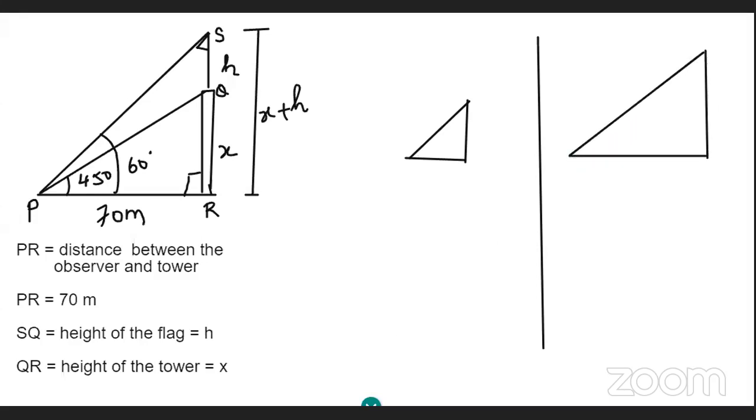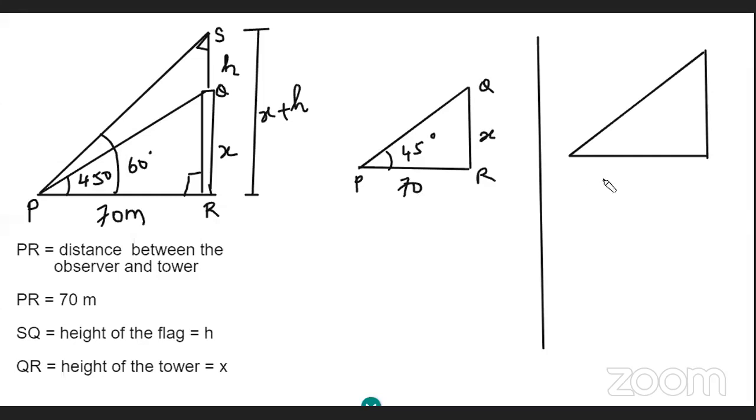So I'm going to draw the 45 degrees and put the measurement. In that case, the 45-degree angle is in triangle PQR. This is X, this is 70, and this is 45.